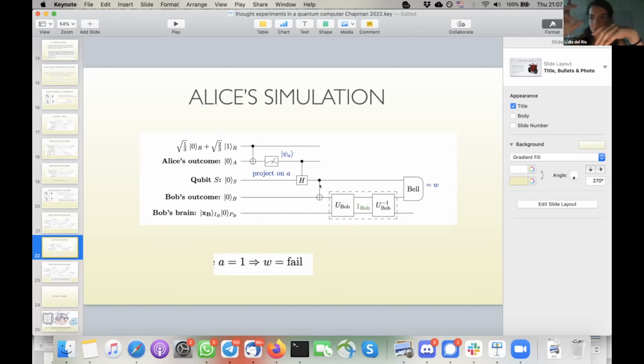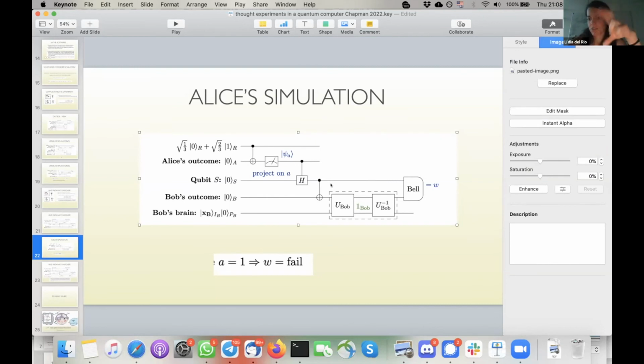It's some other transformation somewhere in between, right? So the way you program this is to just, in Alice's simulation, replace the CNOT with this operator, which might or might not be a quantum operator. This would be one way to map a different interpretation to a different implementation here.